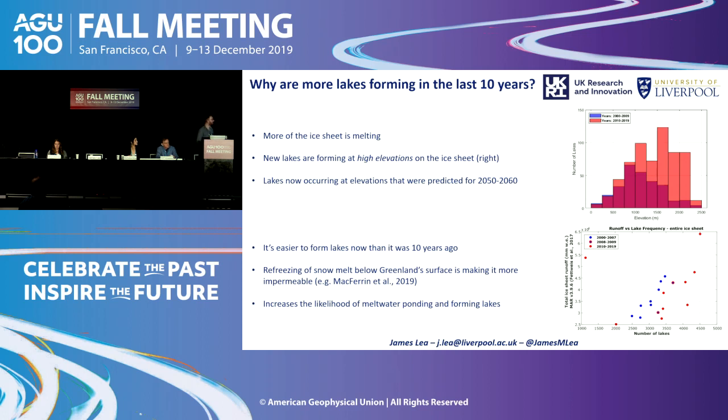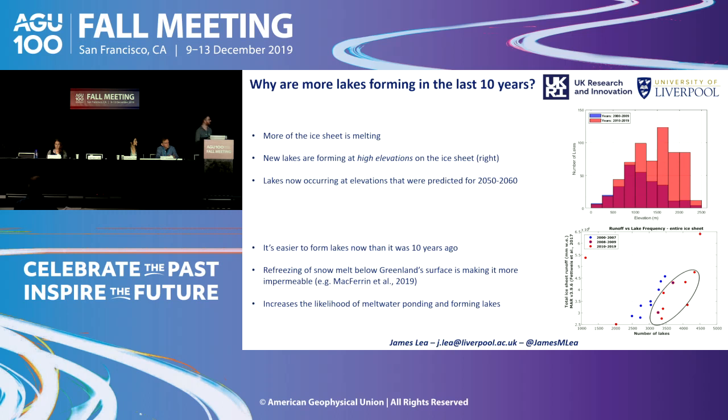If we look at the blue dots between 2000 and 2007, we can see that it groups quite nicely here, a nice positive relationship between the number of lakes and the overall runoff. And then we compare it for later on in the record, and we can see that there's been a shift to the right. What that essentially means is that for a given amount of runoff, for a given amount of melt, you're getting more lakes. So you're forming more lakes for each bit of ice that you're melting.